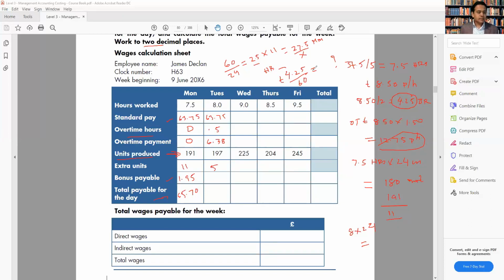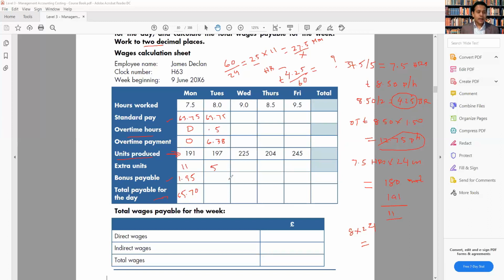How much is it? So 88 pence. After 0.88, what is it? Should we make it 88 or 0.89? We have to check, because if the third number is 5 or more, you add one extra. The question said to take two decimals, so make sure you consider that.